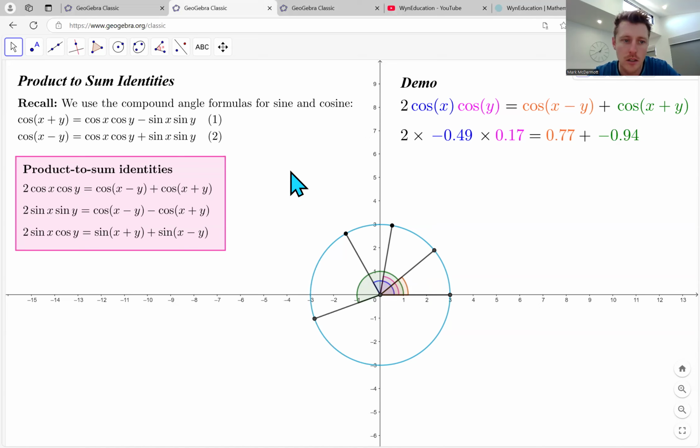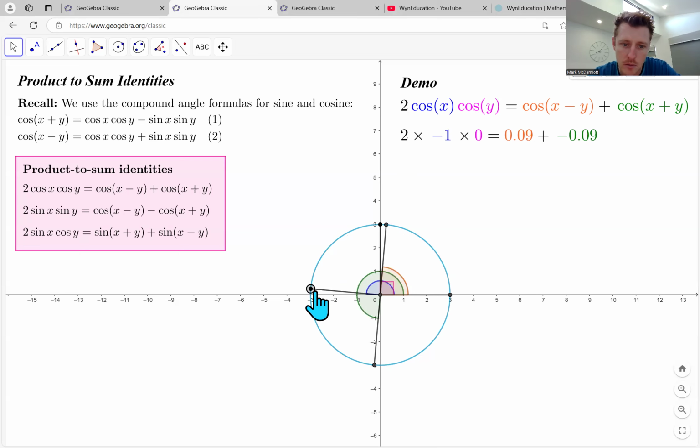So what we can see is a demonstration that this first product to sum identity holds true. It might not be obvious straight off the bat that it all adds up, just doing it in your head. But if we pick some familiar values, if I change X to be maybe 90 degrees, and I change Y to be 180, we can verify that this holds true.